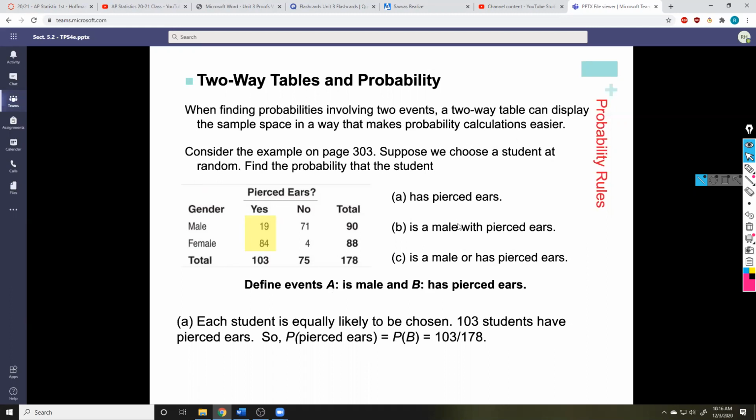Is a male with pierced ears? So we need them to be a male and we need them to have pierced ears. So this is the probability of A and B. So we're looking at the overlap between being male and having pierced ears.